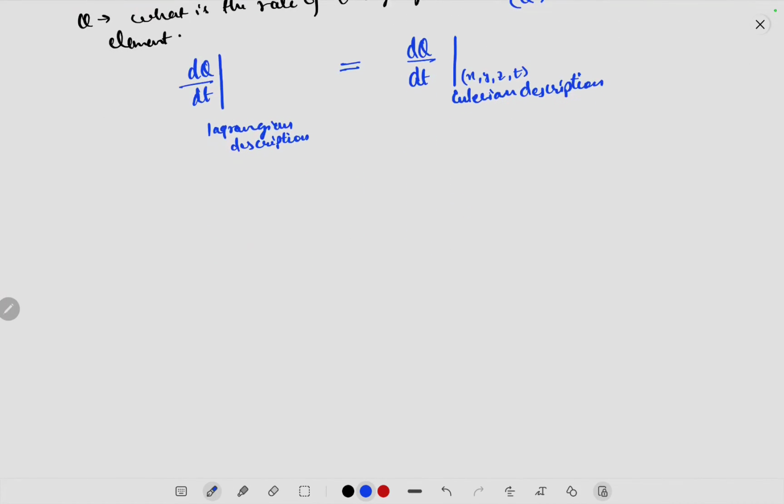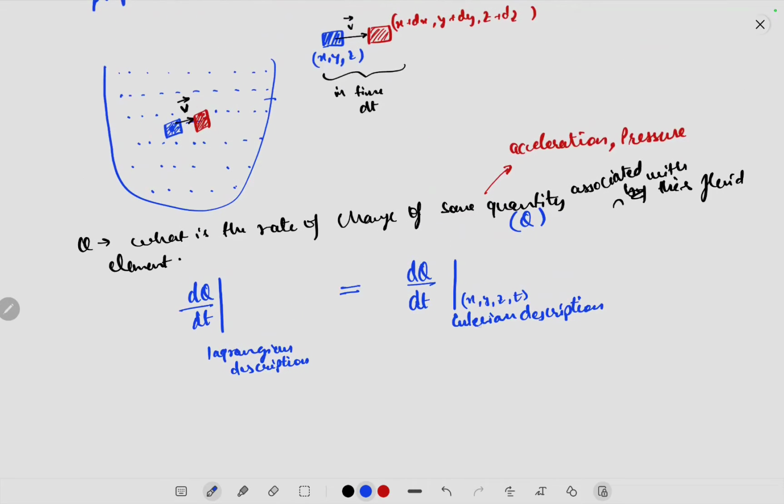Okay, but since in the Eulerian description this dq by dt depends upon the coordinates, any rate of change of this quantity in the Eulerian description can be different for different points. So let's say at this point I have some dq by dt, at this point I have some dq by dt, for this point I have some dq by dt, and for this one I have some dq by dt.